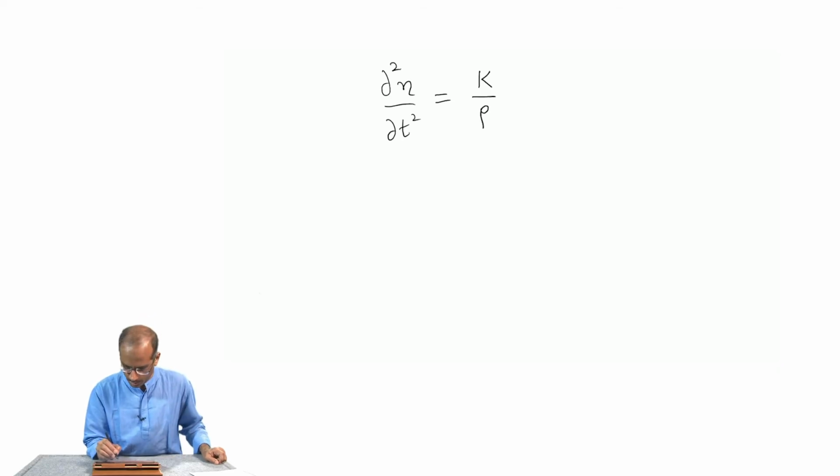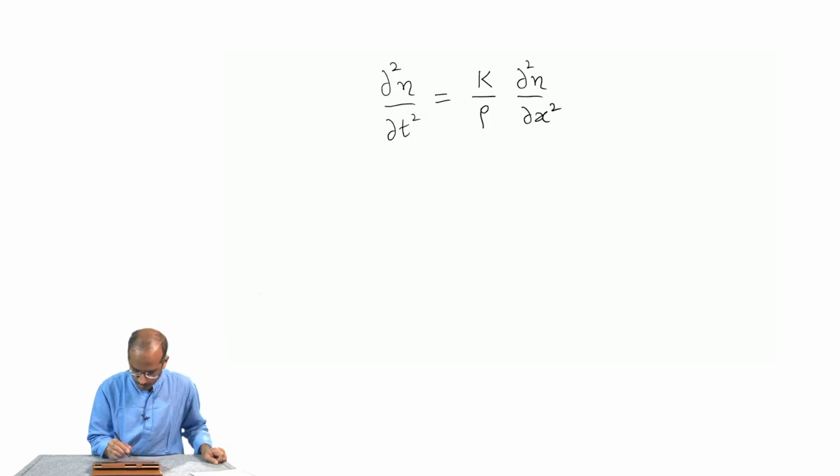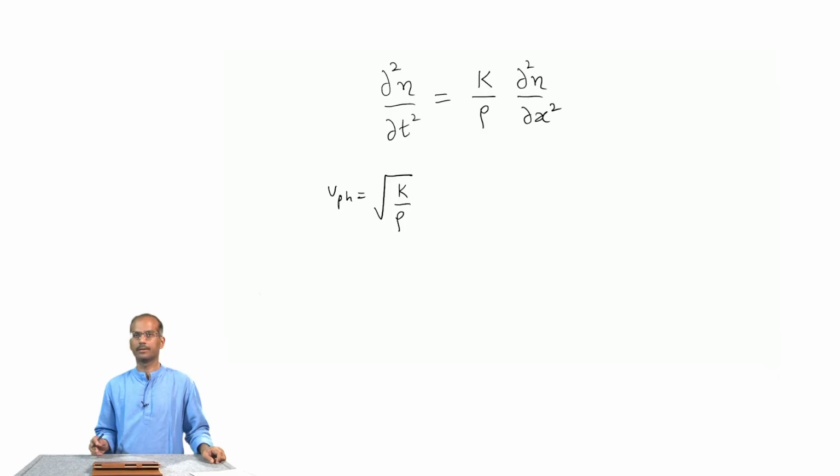It is going to look like dou square eta by dou t square, and that would be equal to k by rho into dou square eta by dou x square. And here the phase velocity will be square root of k by rho.